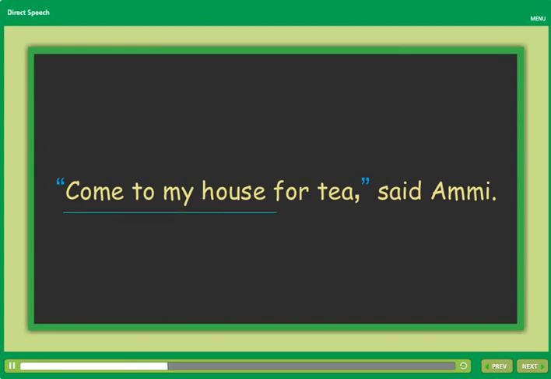These are the words being spoken, so we put the speech marks around them. We always start the speech with a capital letter. We always put a comma, a full stop, or a question mark or an exclamation mark at the end of the speech inside the speech marks.